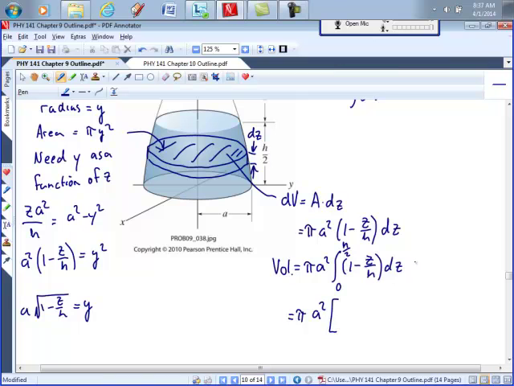So when I integrate dz, I end up with z. When I integrate z over h, we end up with z squared over 2h. I'm going to evaluate that between 0 and h over 2.